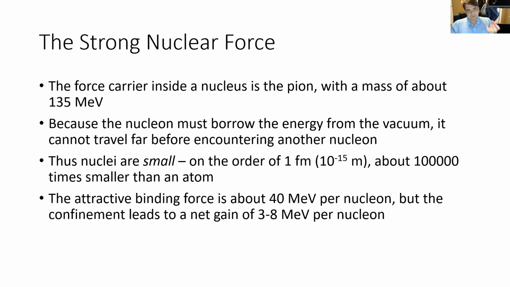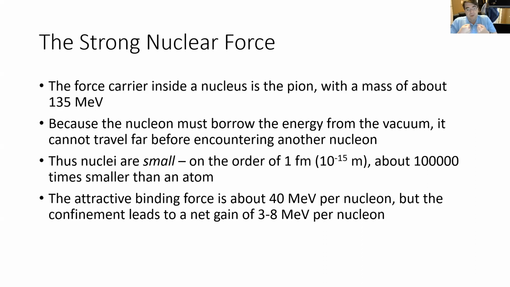The next thing about the strong nuclear force is why it wants to borrow pions: because it gains a lot for that. The total force of attraction between each pair of nucleons is about 40 million electron volts from the ones that touch. However, it's also confined to a tight space from what we've said before, so you get a lot of kinetic energy in these particles.